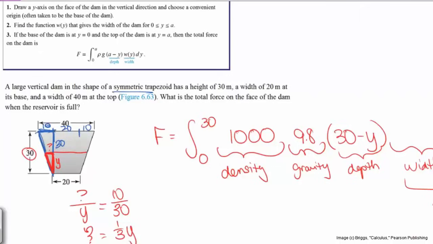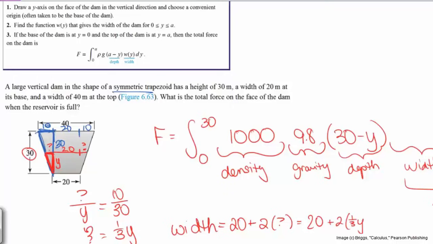Now if we look here, this middle is going to be 20, and the other side, because it's symmetric, is a question mark again. So the total width is 20, that's the middle part, plus 2 question marks. So it's 20 plus 2 times 1/3 y.